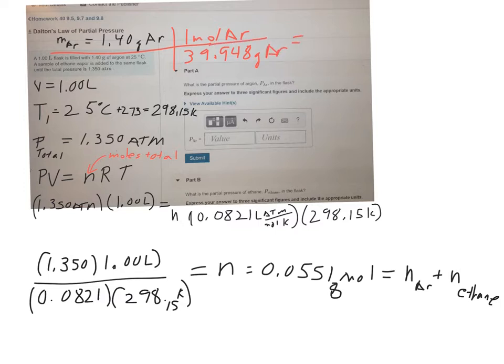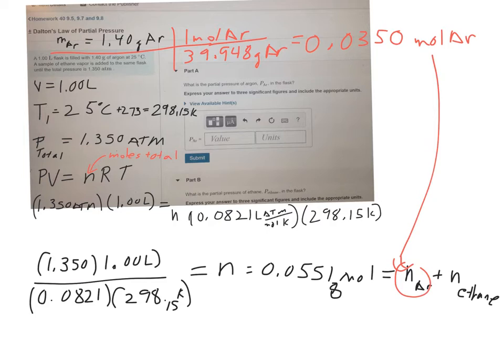So I multiply everything on top, divide through by everything on the bottom, and I get 1.4 divided by 39.948, and I get 0.0350 moles of argon. So that's my number of moles of argon, so I can substitute it in down here.